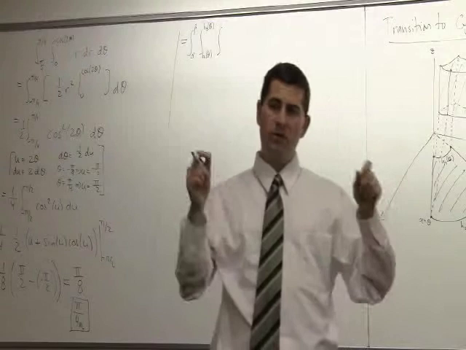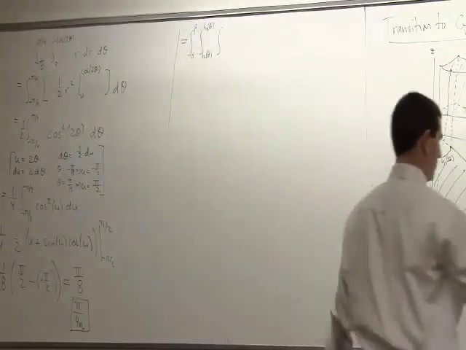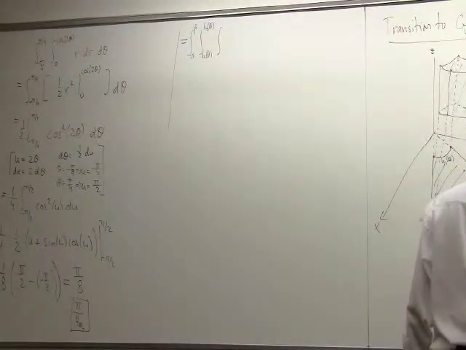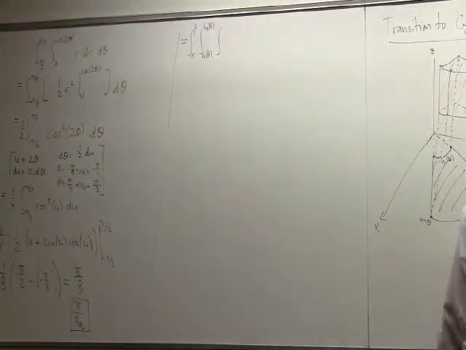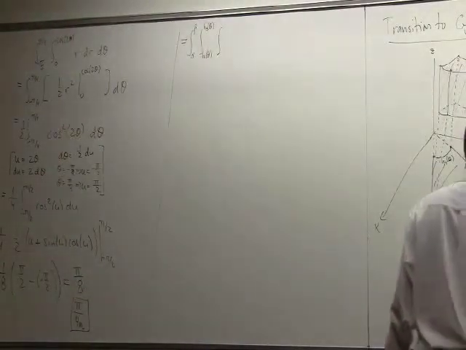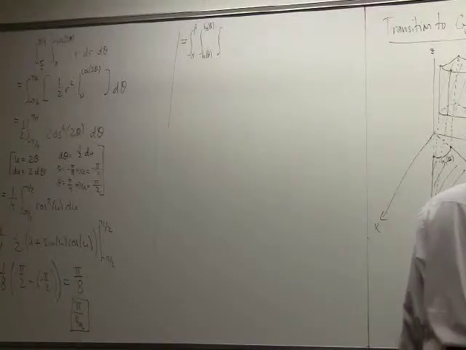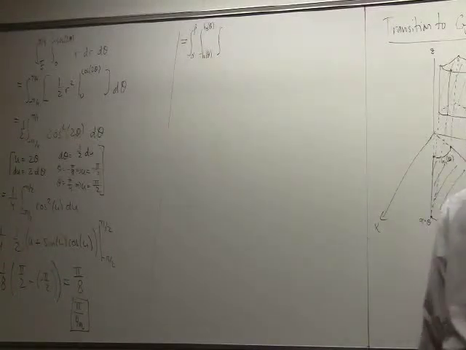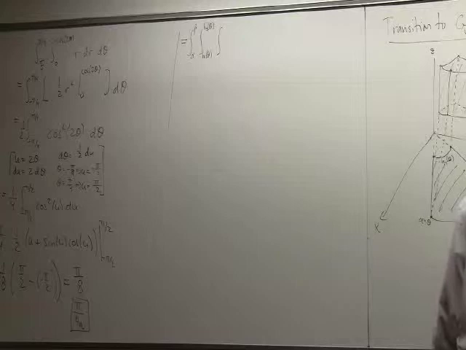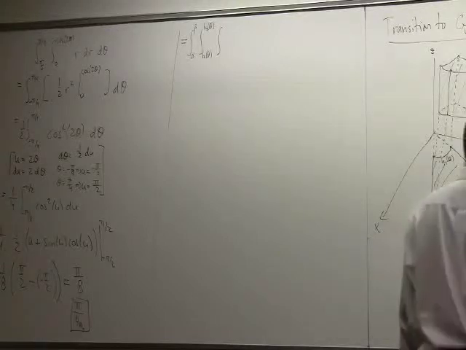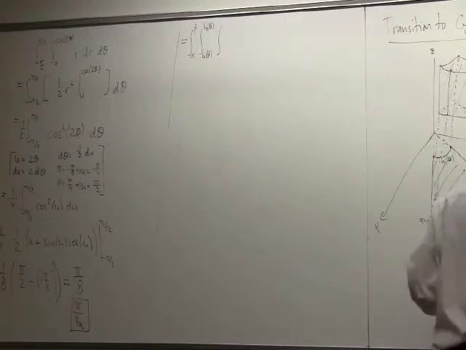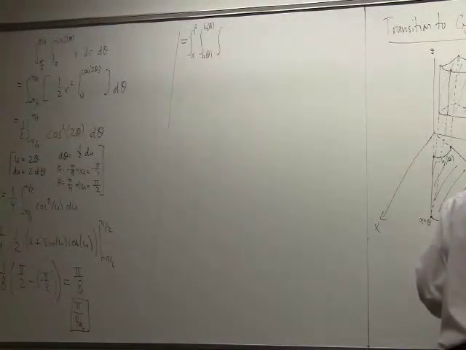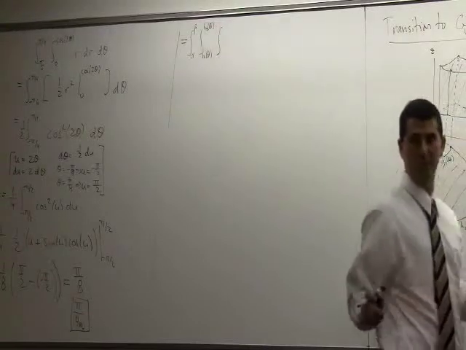So remember, when you do cylindrical coordinates, if you have x, y, z, and you want to turn this into r, theta, z, then you just use the polar coordinate rules. What's the r?